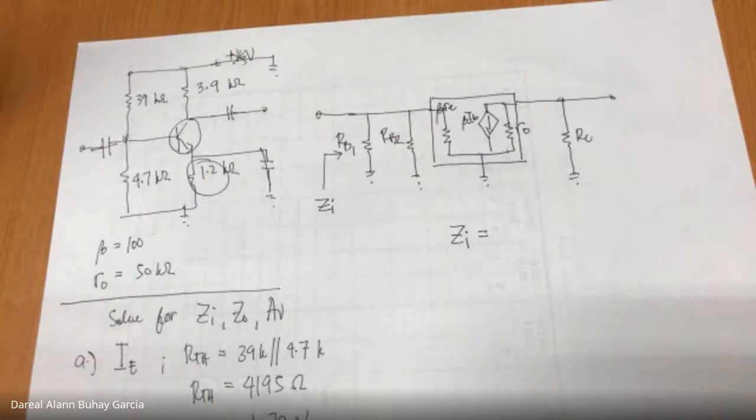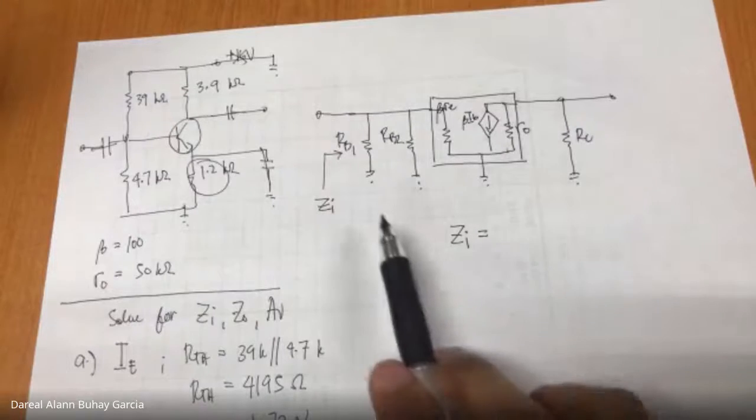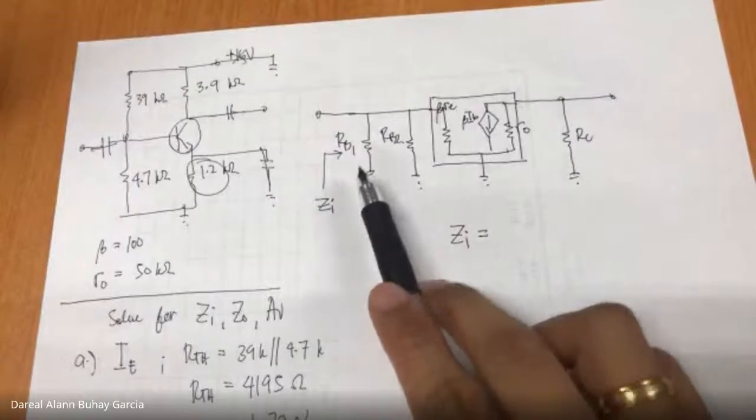Would you like to guess? What do you think is the total impedance seen at the input side?